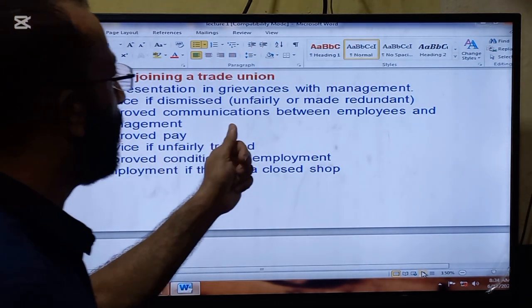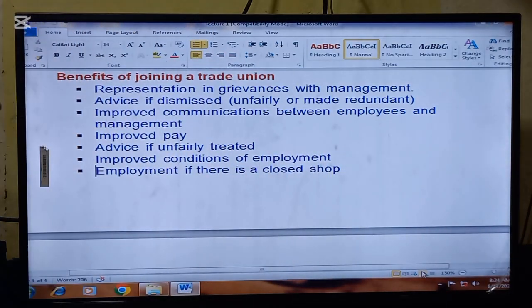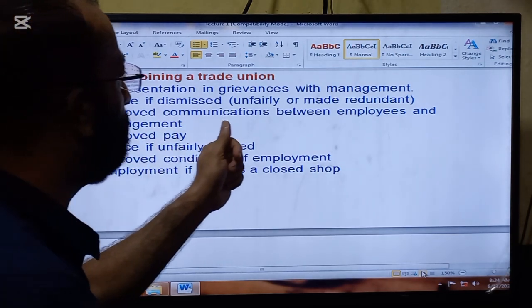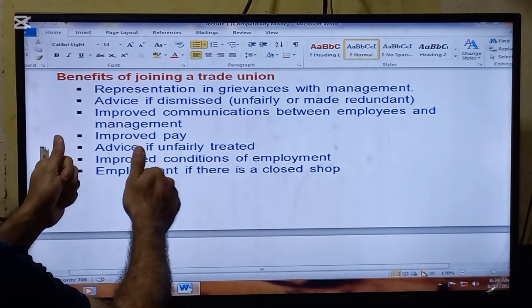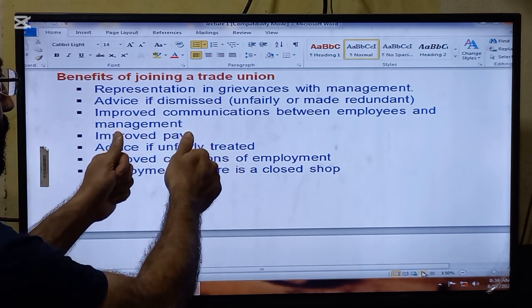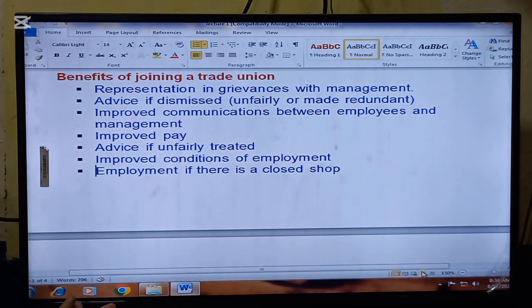The next thing which we are going to read is the benefits of joining a trade union. Representation in grievances with management. So this is the first benefit. Number two, advice if dismissed unfairly or made redundant. So definitely if a person who is a member of the trade union gets dismissed, he may obtain advice from the trade union.